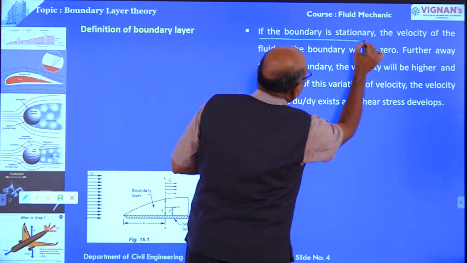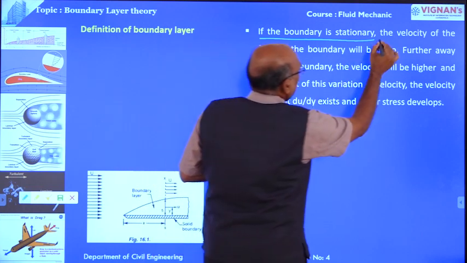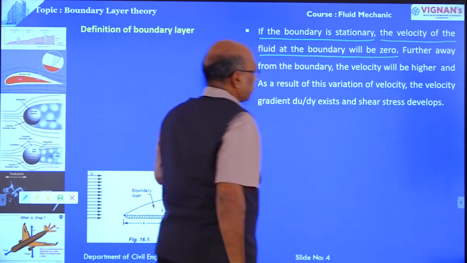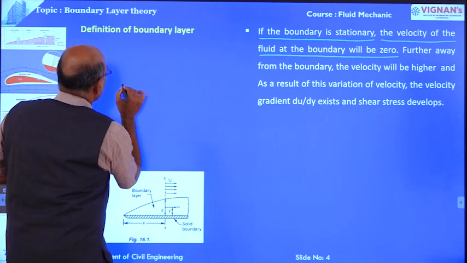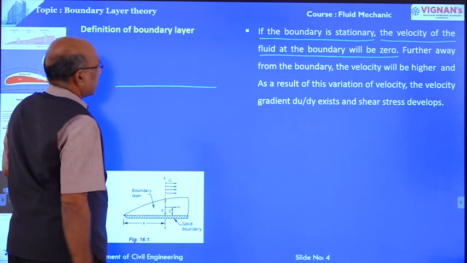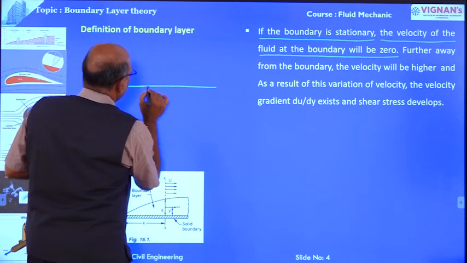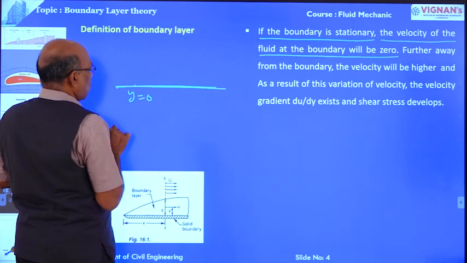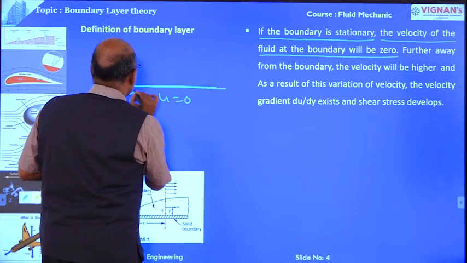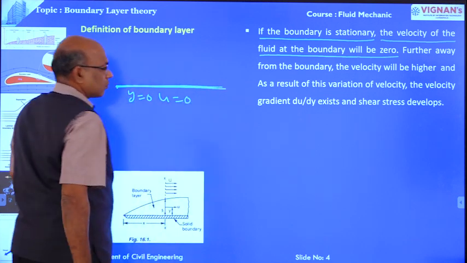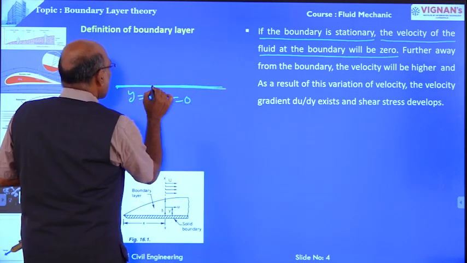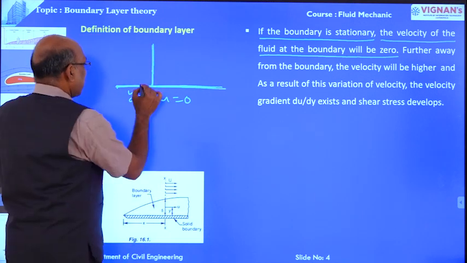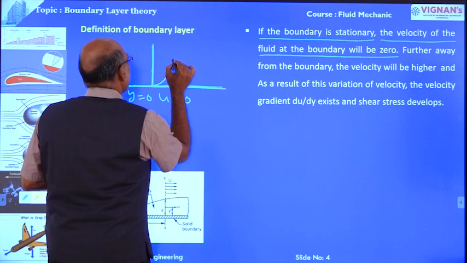If the boundary is stationary, the velocity of the fluid at the boundary will be 0. Suppose this is the boundary; at y equal to 0, velocity is equal to 0 over the boundary. Normal to the boundary, away from the boundary, the velocity gradually develops.